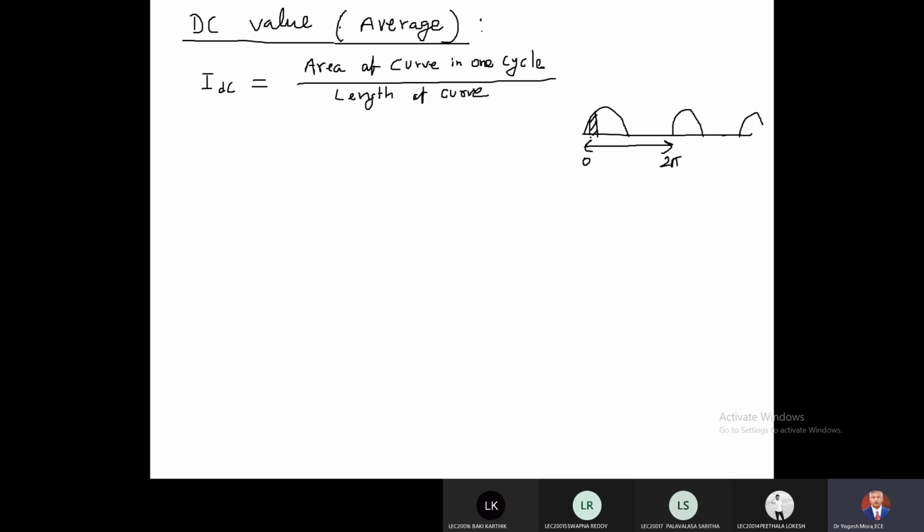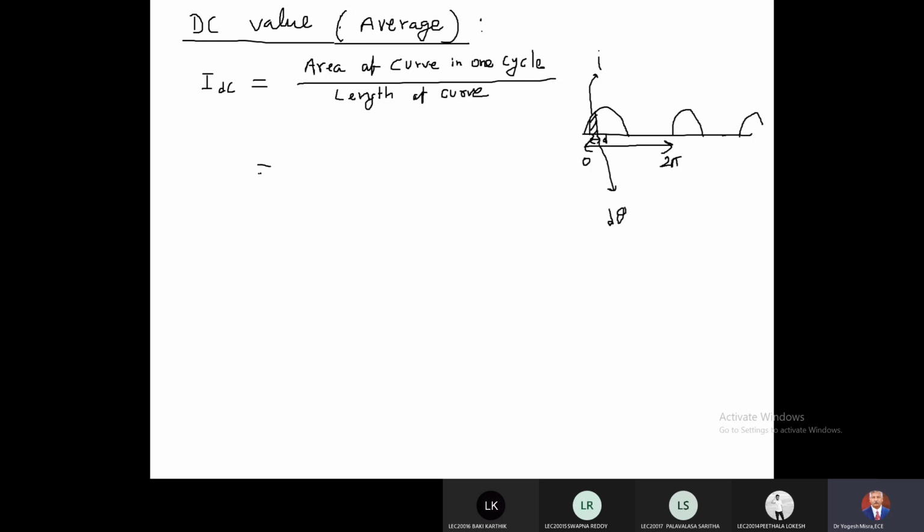In this strip, this length is dθ, and the instantaneous value of this current is I. So area of this strip is I dθ, right?